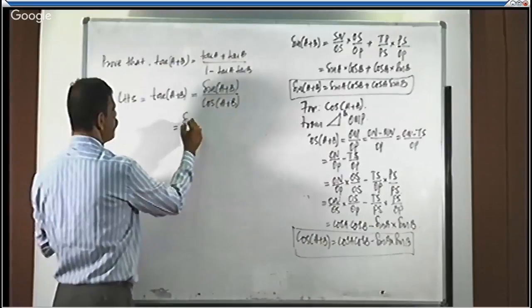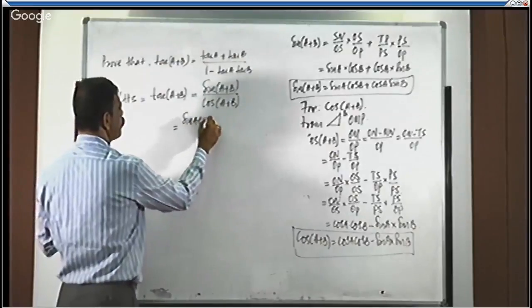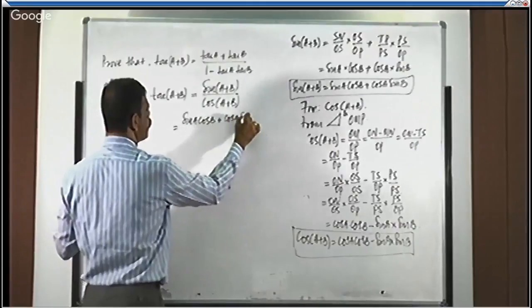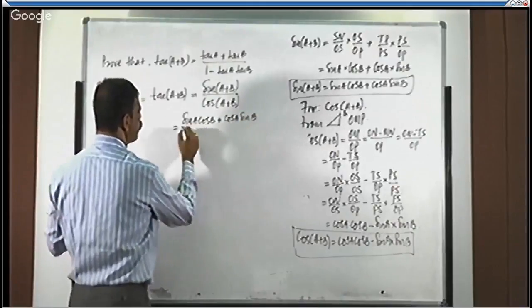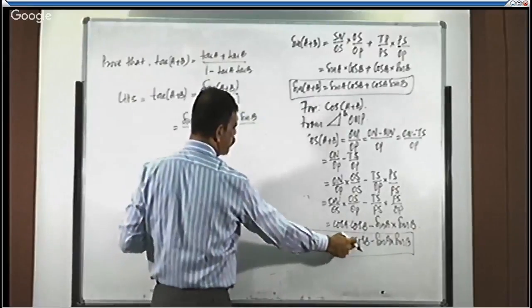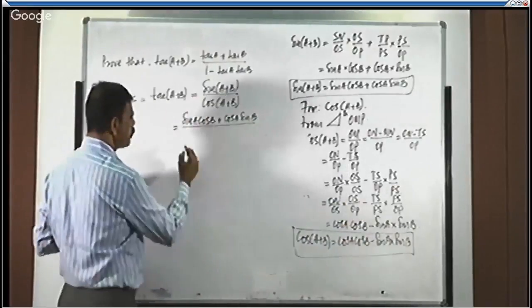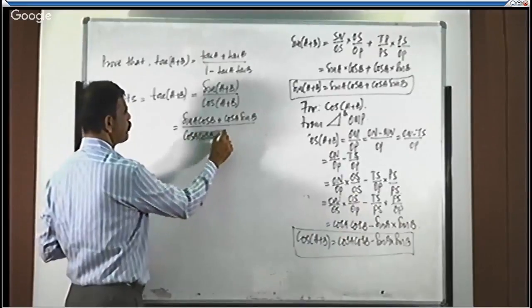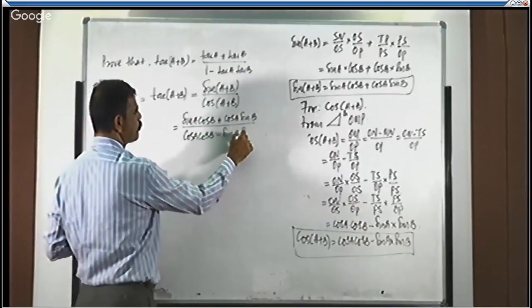Sin of A plus B is sin A cos B plus cos A sin B. Is it right? Divided by what is cos of A plus B? Cos of A plus B is cos A cos B minus sin A sin B. Cos A cos B minus sin A sin B.